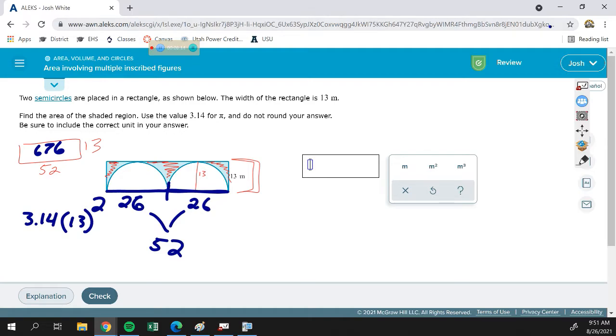So I type in 145.34. And then it's meters squared, or meters to the third? Meters squared.